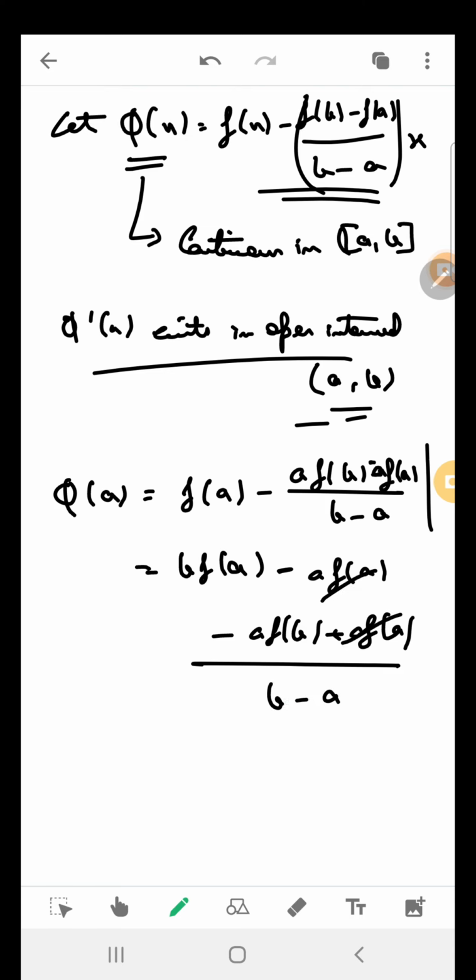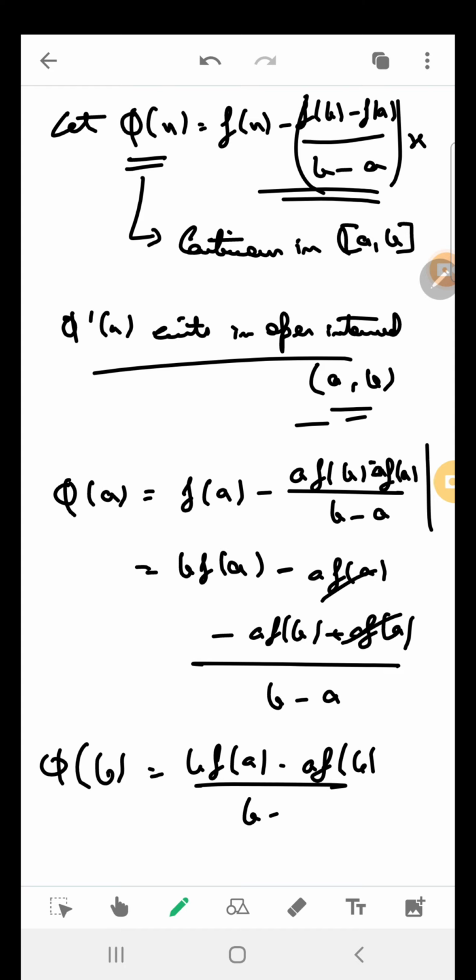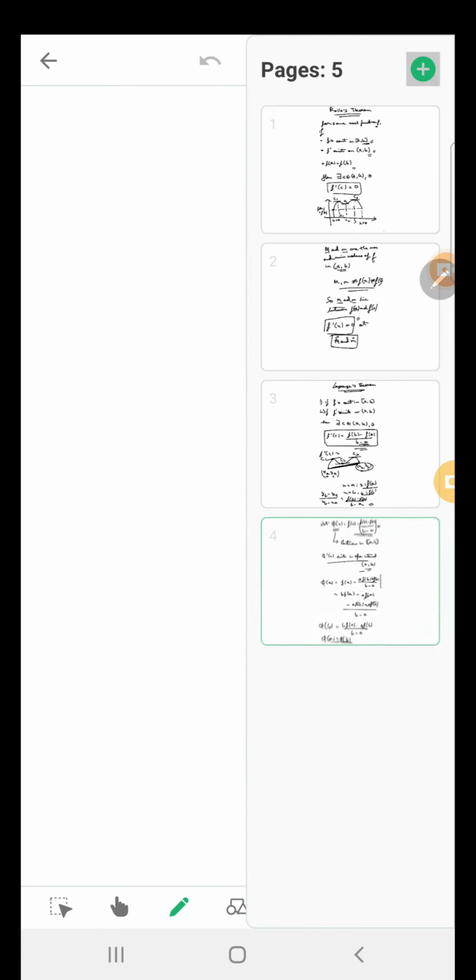So these two will get cancelled. Similarly, your phi b will also come out to be (b f(a) minus a f(b)) over (b minus a). So your phi a will be equal to phi b. Clear?